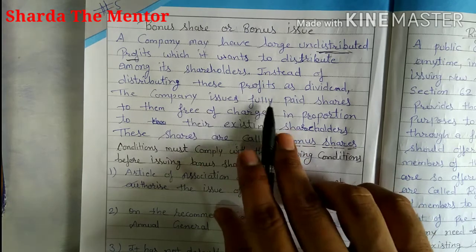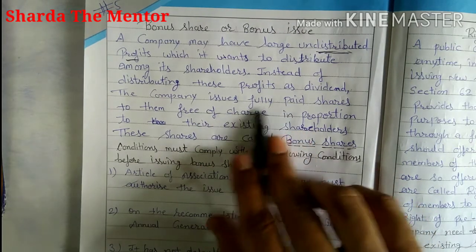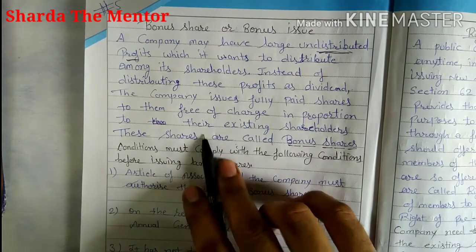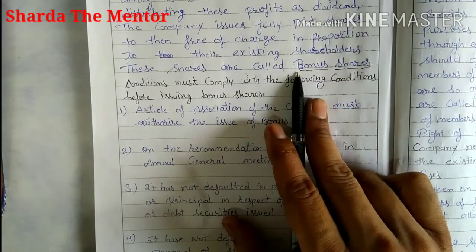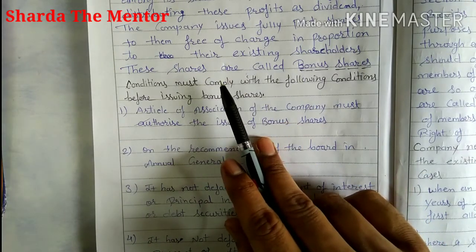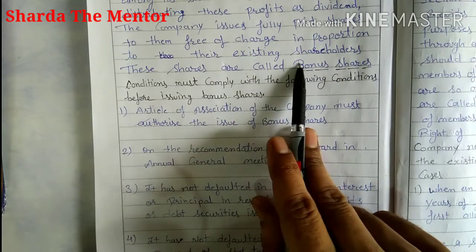Instead of giving that 10 rupees in cash, the company gives shares free of charge to its existing shareholders. These shares are called bonus shares.